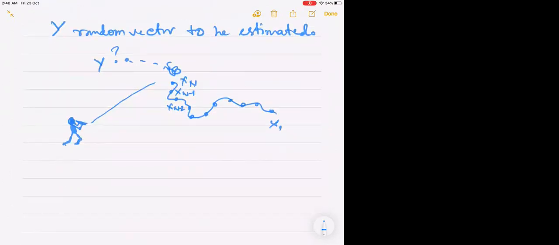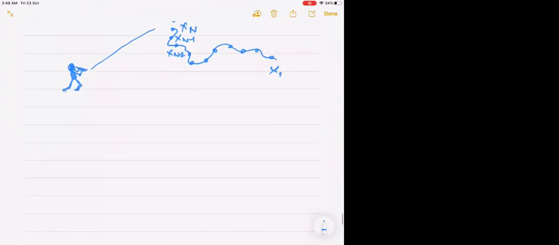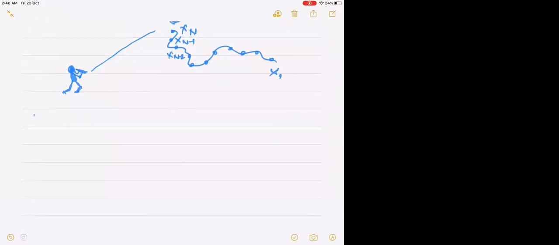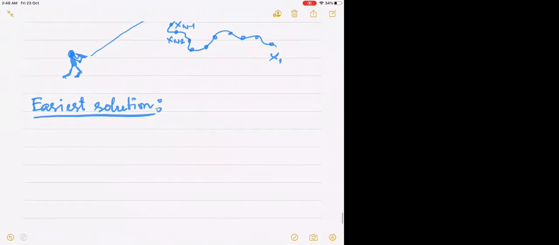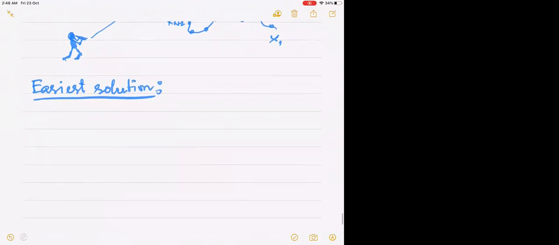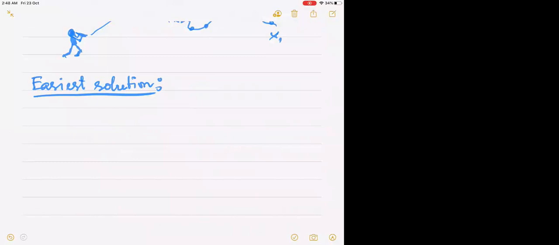Perhaps the easiest solution is the following. Many more different, more difficult solutions are also possible. The easiest solution being, notice first that because they are random vectors, any linear combination of these random vectors also is a random vector.